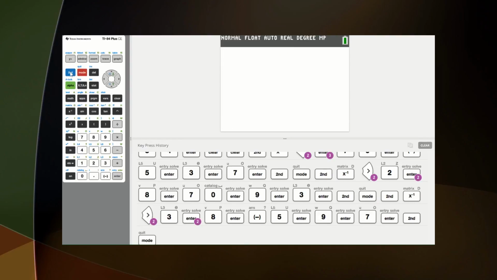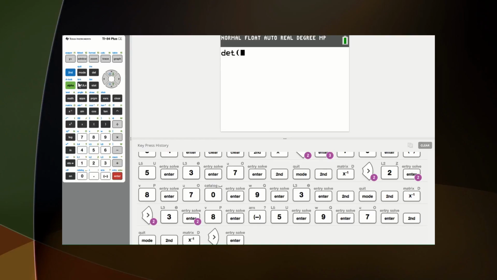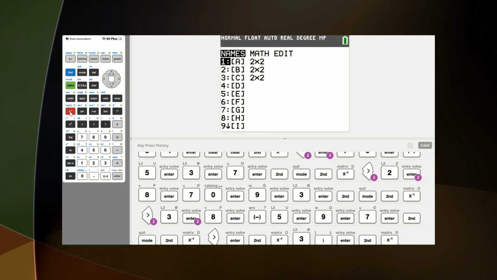And again, I want to first find the determinant of that C matrix, since I'm going to be using it as a divisor. So I'm going to math. I'm going to pick the determinant, back into matrix, choose option 3, close my parentheses, hit enter. So I got 101. Now I'm going to find the determinant of the A matrix and divide it by the determinant of the C matrix.